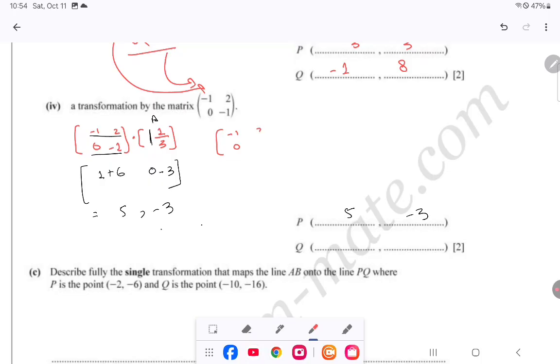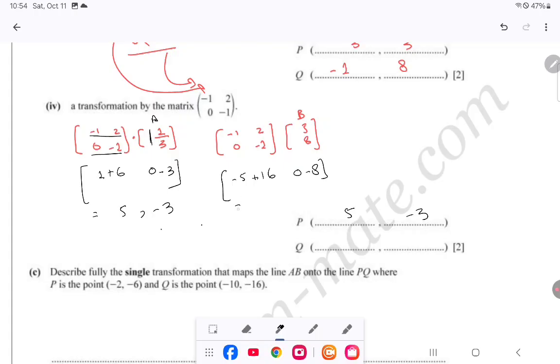negative of 1 0, positive of 2 negative of 1, multiplied with 5 over 8. This is our B. Now negative 1 into 5 is negative 5 and 2 into 8 is 16. 0 into 5 is 0 and negative 1 into 8 is negative of 8.